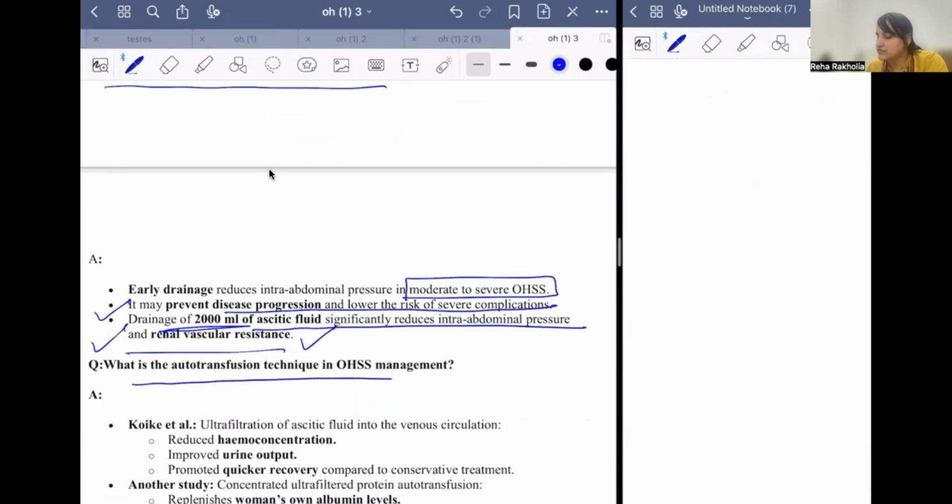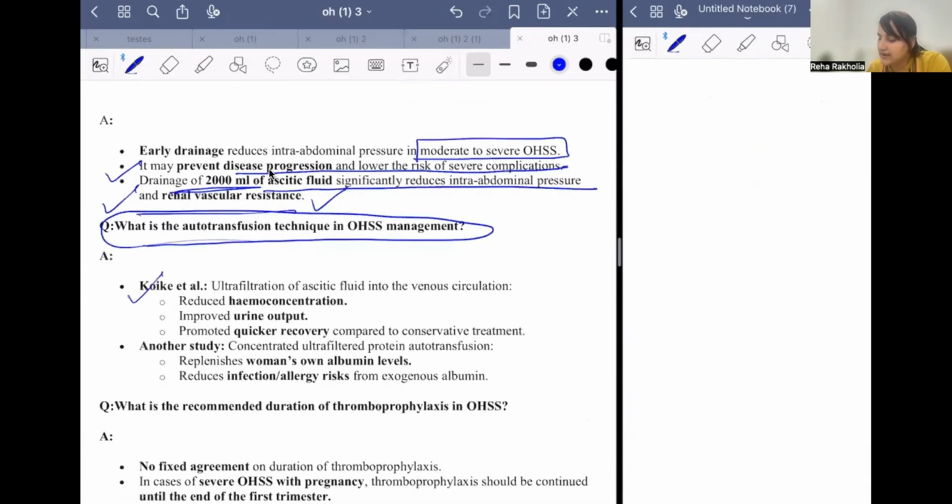What is the autotransfusion technique in OHSS management? See, Koike et al. did ultrafiltration of ascitic fluid and gave it into the venous circulation.